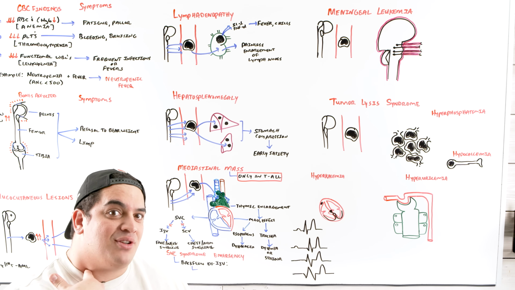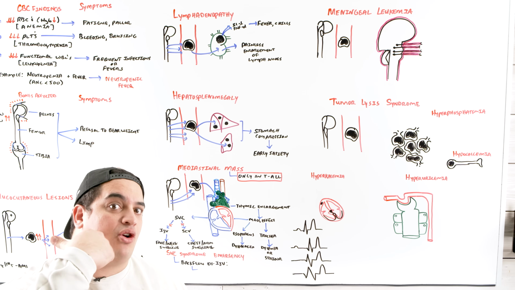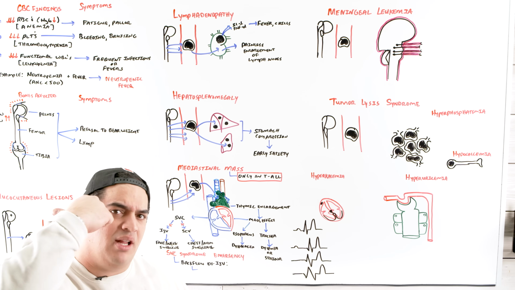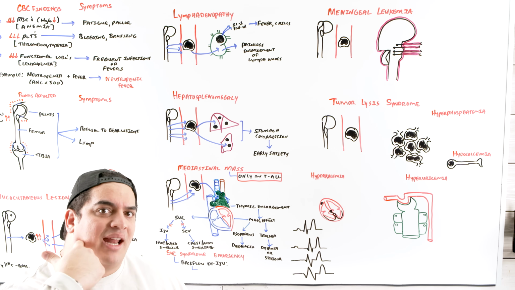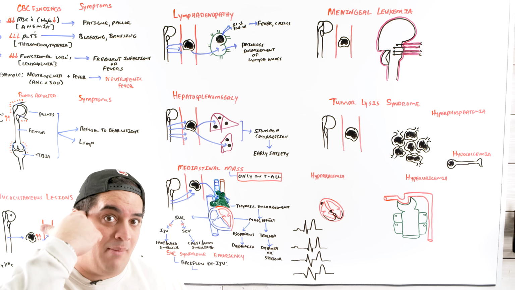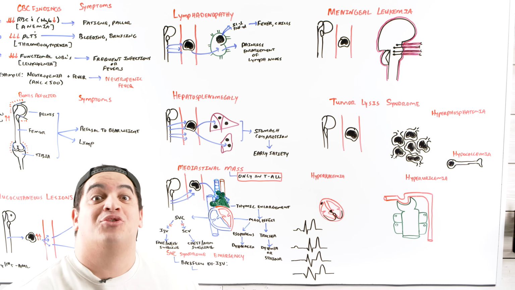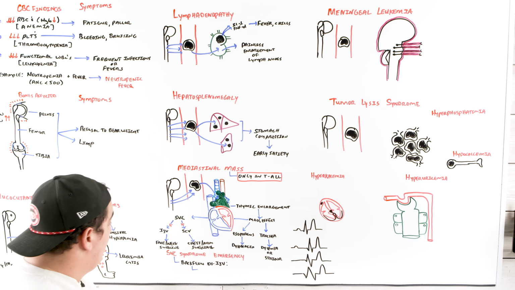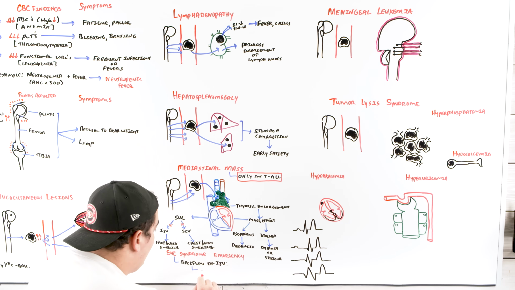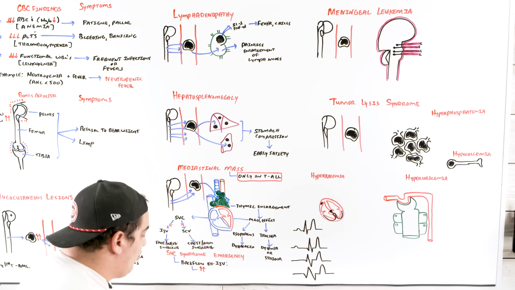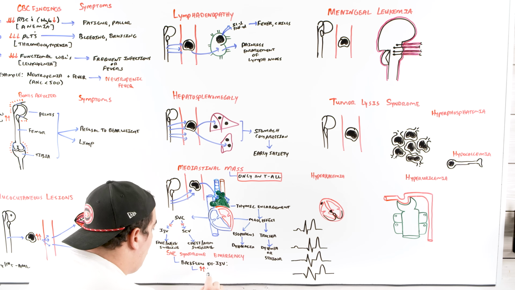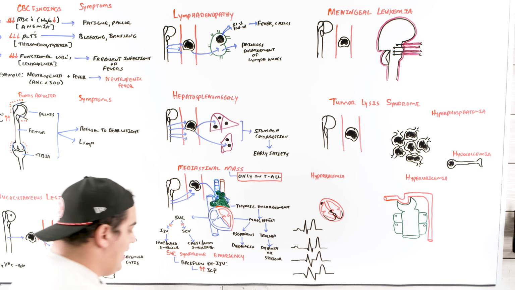Well, if you have compression of the superior vena cava and it's already backing up, that's going to cause poor venous drainage, because blood is supposed to go from high to low pressure. But now the outflow coming out of the brain into the internal jugular vein is high. That's going to cause blood to back up. Intracranial pressure can go up. So this could lead to increased intracranial pressure. Oh no, that's not good.